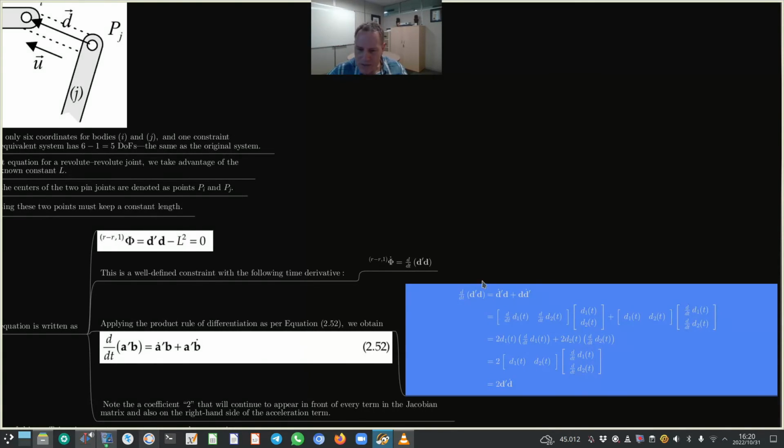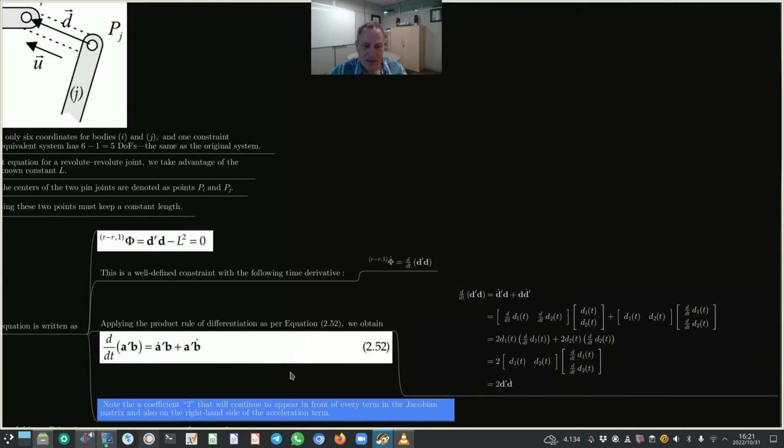It just shows you that d by dt of d transpose d equals 2 d transpose d dot. And this is the point we're heading at. We note that the coefficient 2 will continue to appear in front of every term in the Jacobian matrix and also on the right hand side of the acceleration term, and we don't want that.